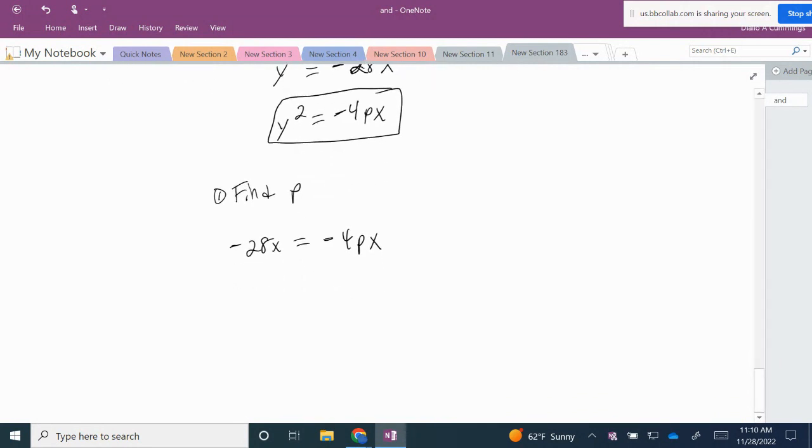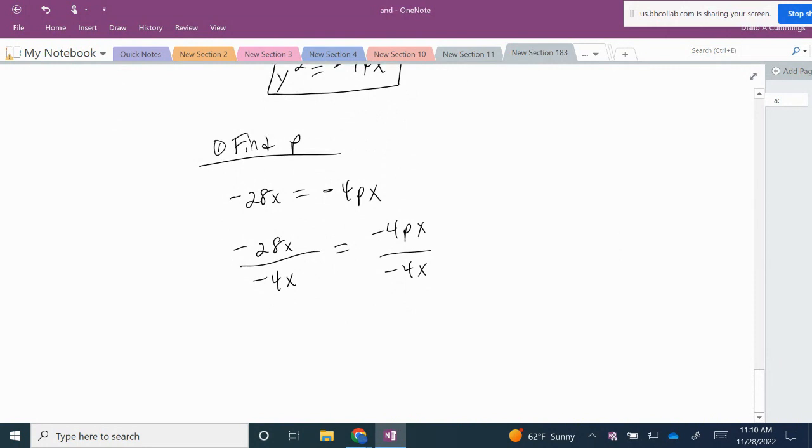So now we're going to solve for p. So I'm going to divide both sides by negative 4x. So on the right hand side, the x is canceled. A negative divided by a negative is a positive.